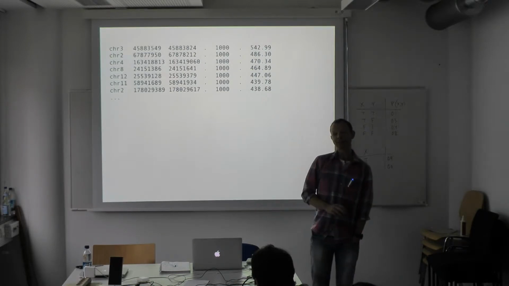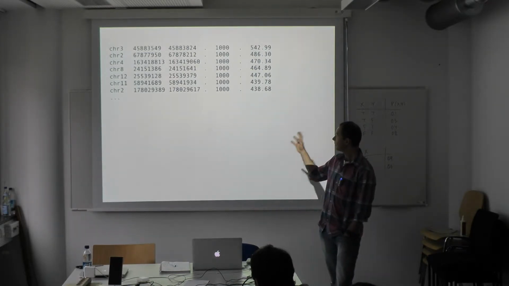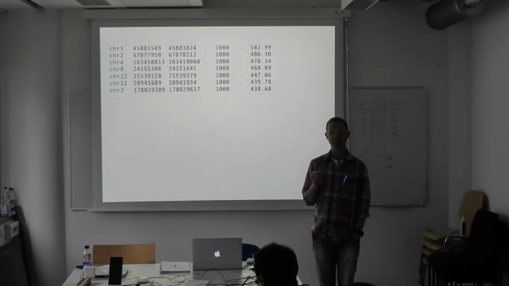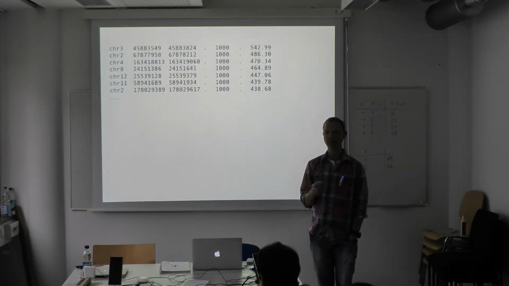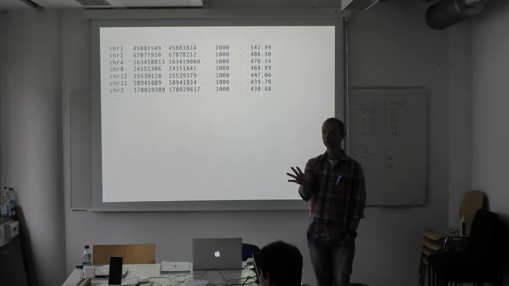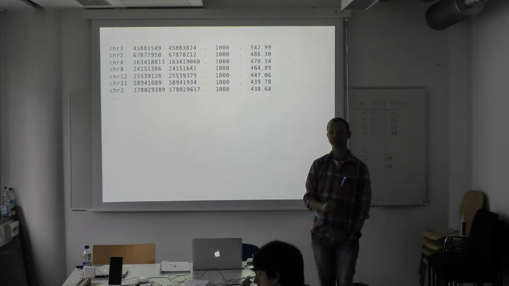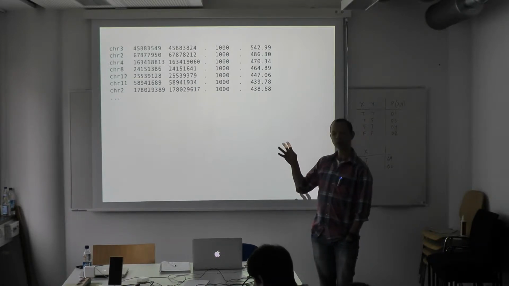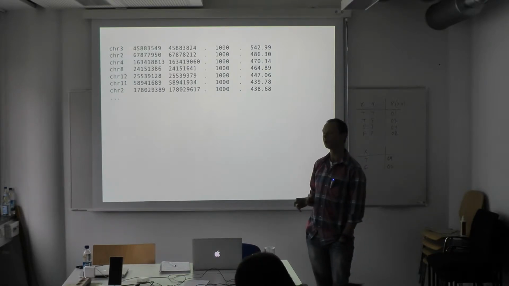In fact, this is a bed file generated from a so-called ChIP-seq experiment. Where ChIP-seq, have you heard about ChIP-seq before? Chromatin immunoprecipitation followed by sequencing. I'll be coming back to this type of example from time to time during the presentation today and on Thursday.